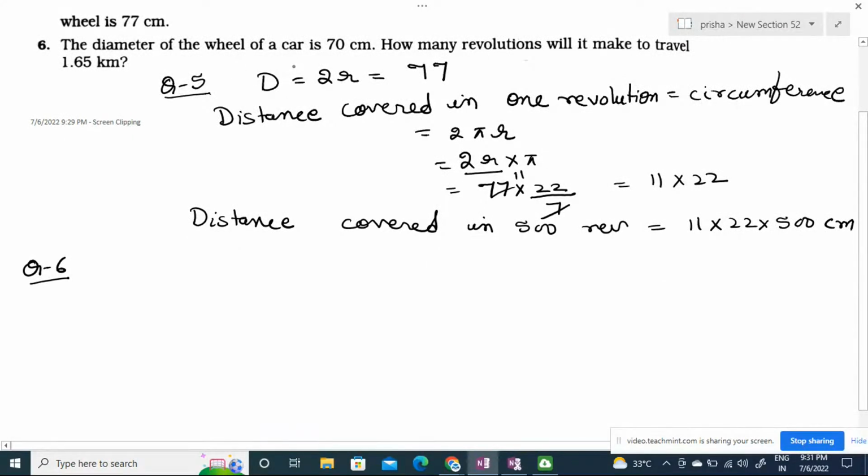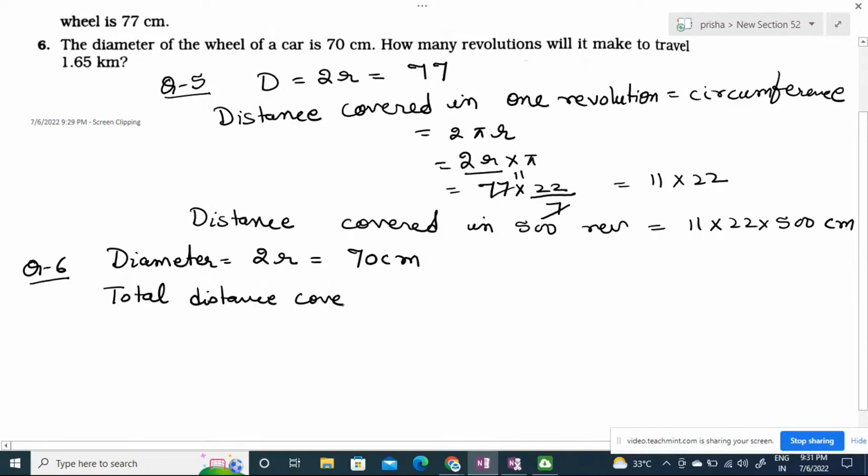Now question number 6. The diameter of the wheel of a car is 70 centimeter. Again, the diameter is given to us, 70 centimeter. How many revolutions will it take to travel 1.65 kilometer? The total distance covered is 1.65 kilometer.